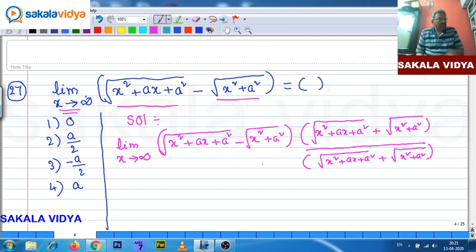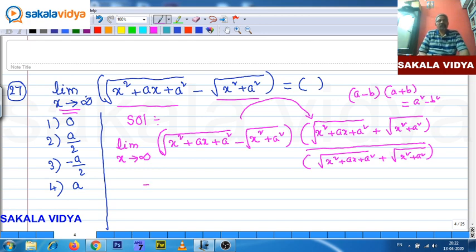So if you multiply these two, it will be in the form of a minus b into a plus b, so that can be written in a square minus b square form.